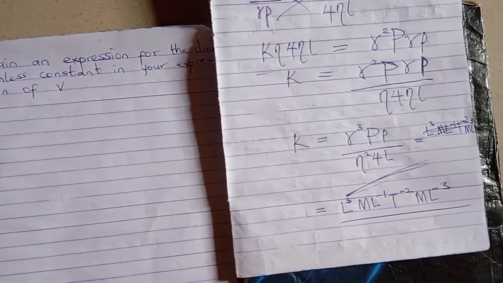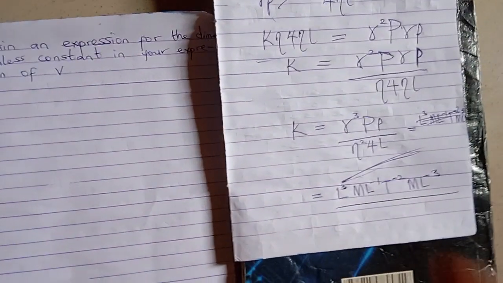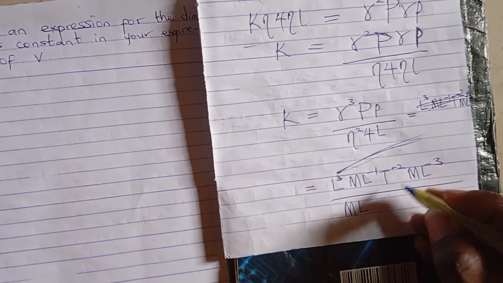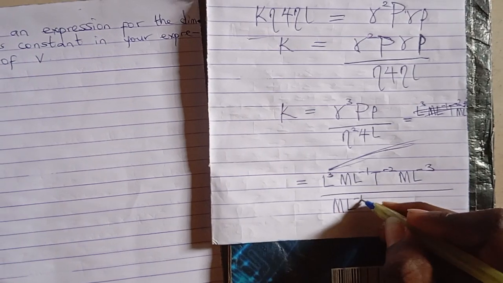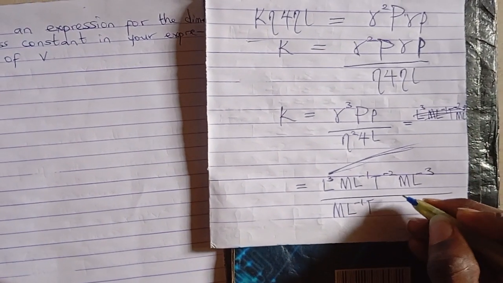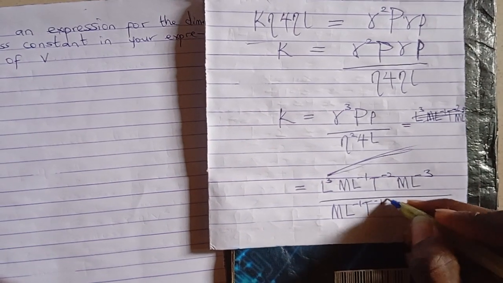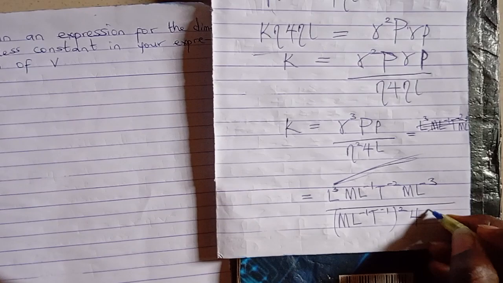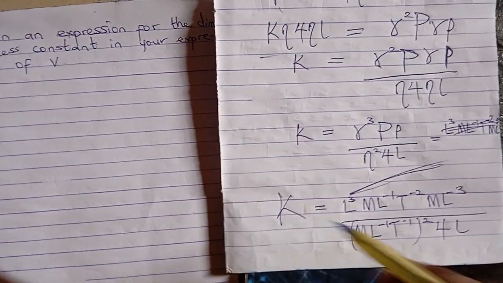What did we get for viscosity earlier on? We got viscosity to be ML^-1 T^-1, and this is all raised to power 2, then 4L. And k is equal to this.